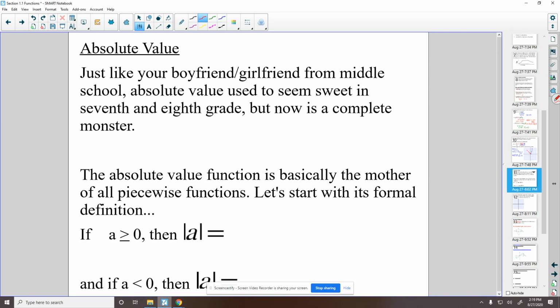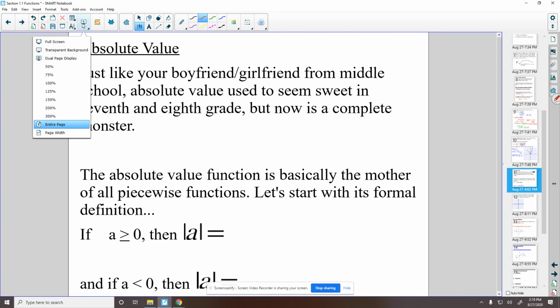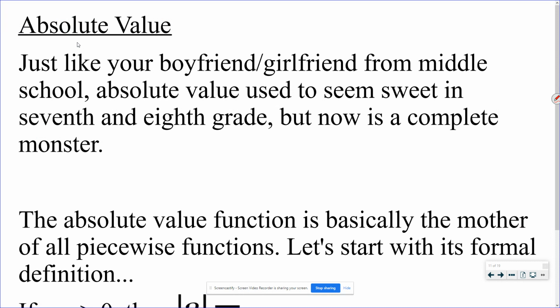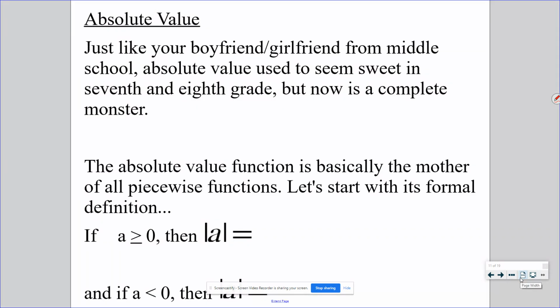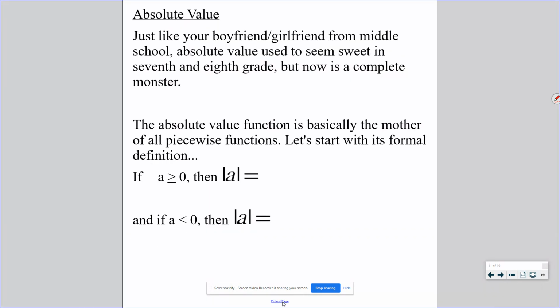So I have a little middle school definition there just to make you laugh. Anyway, the absolute value function, we're going to make a formal definition of what this is real quick. So it says, if a is greater than 0, then the absolute value of a is equal to what in terms of a?